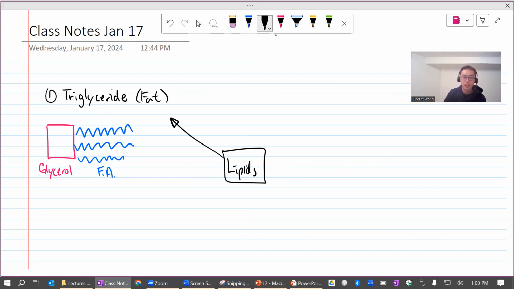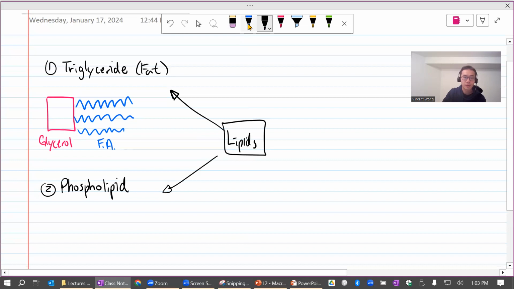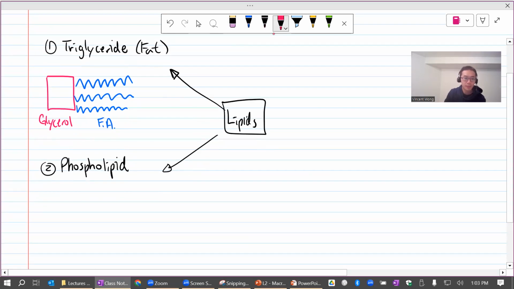Now we're going to look at the second one. The second one is called a phospholipid. How do we make a phospholipid? We need the glycerol again.